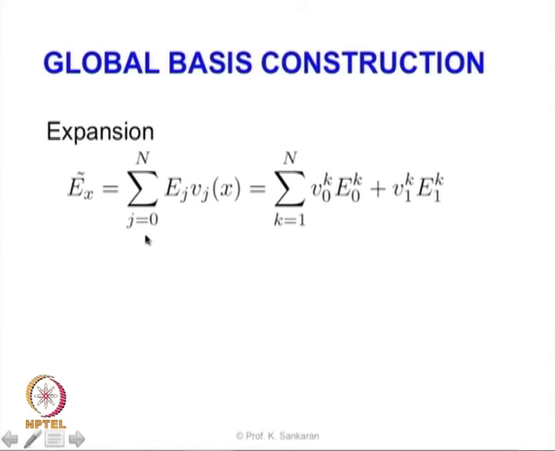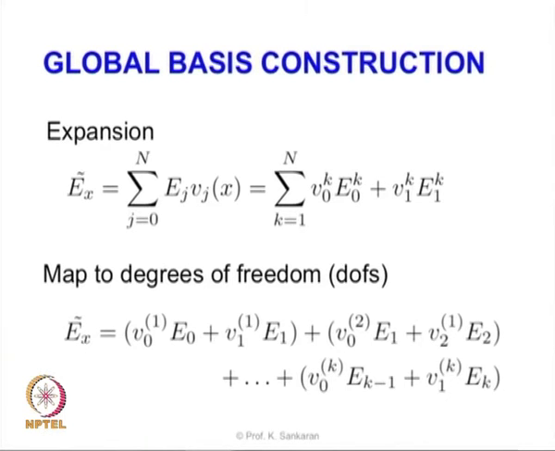For the entire domain, it will be j equal to 0 to n. So I can split this into 2 things. One which contains all the bulk elements plus the left hand side, and then the one which has the right hand side is separated here.